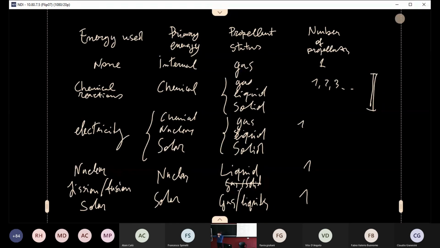Of course, there are also applications for electrothermal propulsion, because this is electric and thermal. This has also been demonstrated, and of course can be easily demonstrated. But most of the applications consider chemical propulsion.